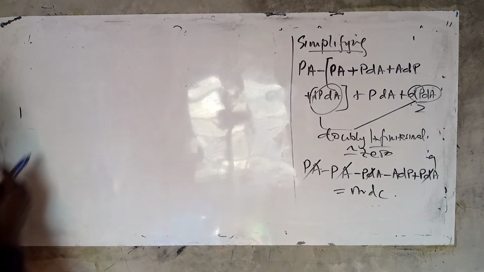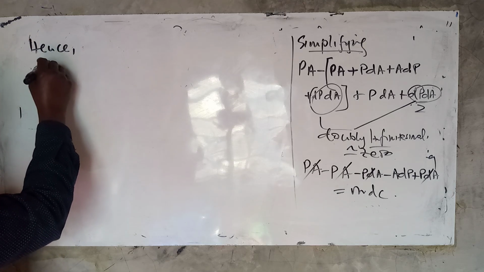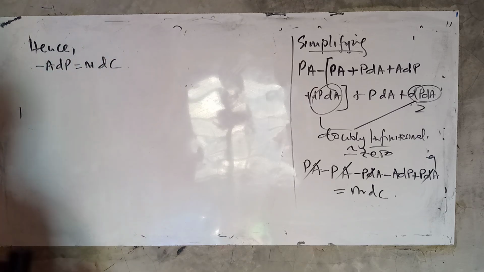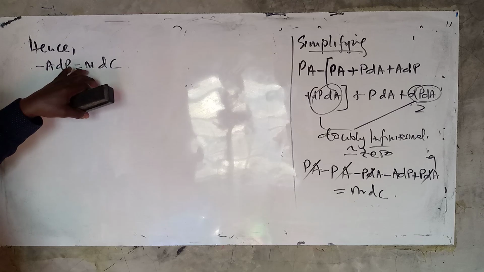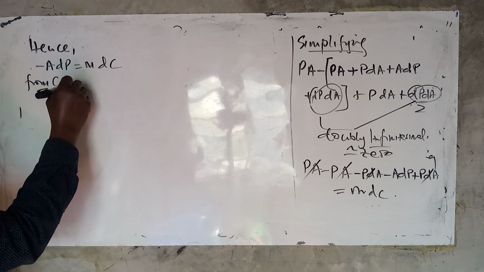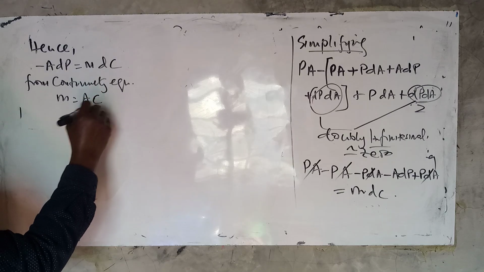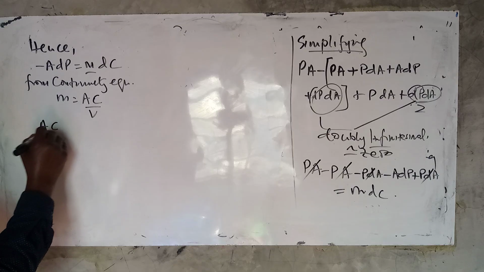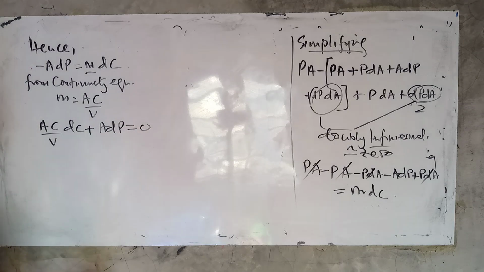So what are we left with? We have minus AdP is equal to m dC. But remember, from the continuity equation, that's the mass flow rate. From the continuity equation, I repeat, m is AC over V. So we can put that there. So we have basically AC over V dC plus AdP is equal to 0.